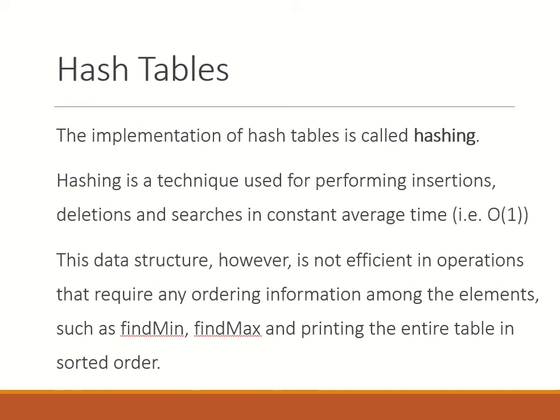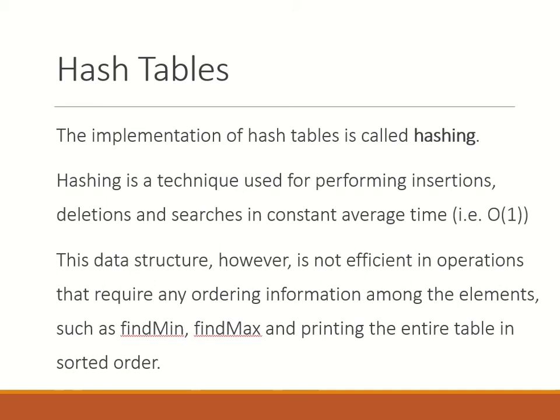Whether you are applying it for storing an element or for searching for a particular element, you can be assured that you will complete your task in constant time. Whether you are going for a worst case, a best case, or even an average case performance, your time complexity will always be big O of 1. So that is the advantage of hashing.